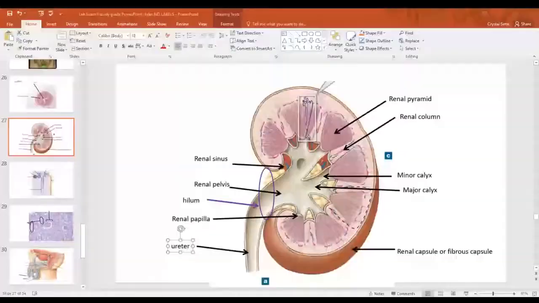My hilum. So the purple structure is the hilum because it's showing that whole indentation. It's got that circular structure there. So that's going to be my hilum.